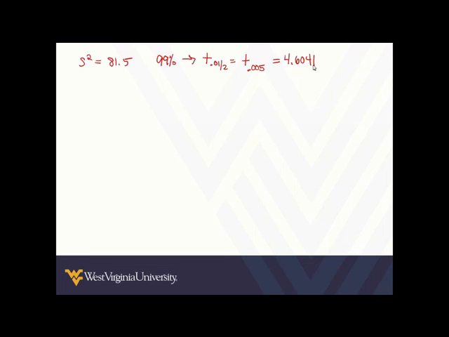And now we'll set up our problem to solve for n. So this will be 0.05 equal to 4.6041 multiplied by the square root of 81.5 over the square root of n. So our n would be equal to 81.5 all divided by 0.05 divided by 4.6041, and quantity squared.